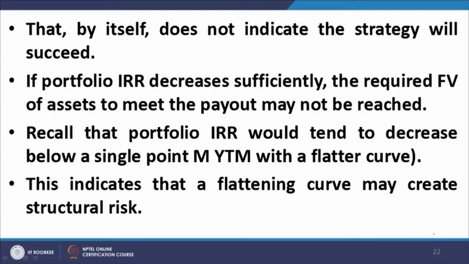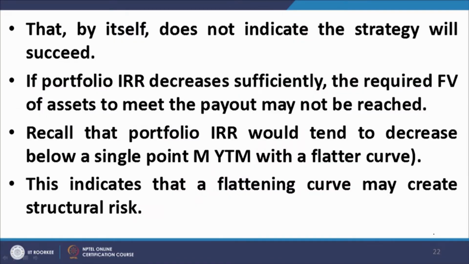Because you see what is happening is long term interest rates are declining, and if the impact is significant enough, then the overall portfolio IRR will be reduced to such an extent that, notwithstanding the fact that PV of A is higher than PV of L, the future value of A may not be adequate to meet the future value of L. We may end up with the future value of liabilities being higher because they would be growing at a higher rate relative to future value of assets, which will be growing at a lower rate.